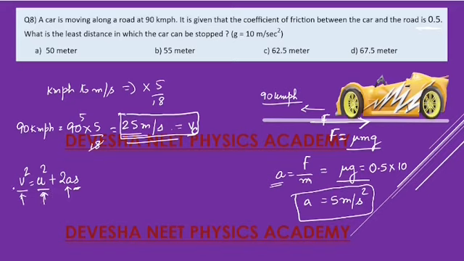So 0 is equal to 25 square plus 2 into a, which is 5, into S. The acceleration is actually negative, because of which this is negative here. 25 square is 625.